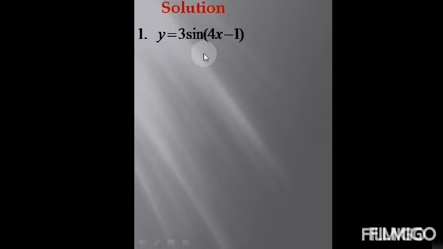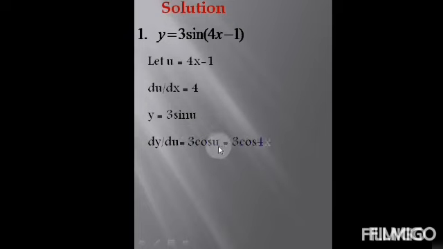So you let u be 4x minus 1. Find the derivative with respect to x. du dx will give you 4. And if u is 4x minus 1, then this expression becomes y is equal to 3 sine u. Then to differentiate this, dy du will be 3 cos u.